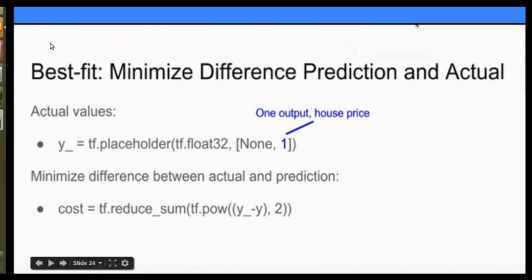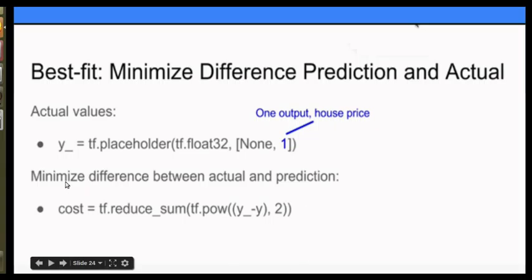So how do you get the best fit? As we already saw, we need to minimize the cost function. So y_ is nothing but the actual or recorded values. With tf.placeholder, we already saw that all the data that needs to be fed into the model has to go inside a placeholder, so we are doing the same here. y_ will be a tf.placeholder of float type, and it will have one output.